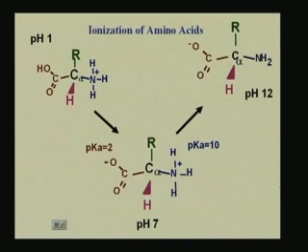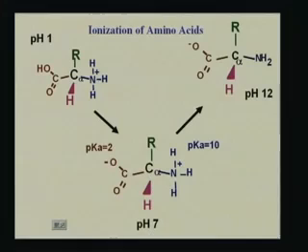Why? One corresponding to the loss of the carboxylic acid H, the other corresponding to the amine H plus. So, this is where I get one set. What is this pKa? This is pKa 2. What does that mean? It means that as I reach a pH close to 2, I am going to lose this proton.